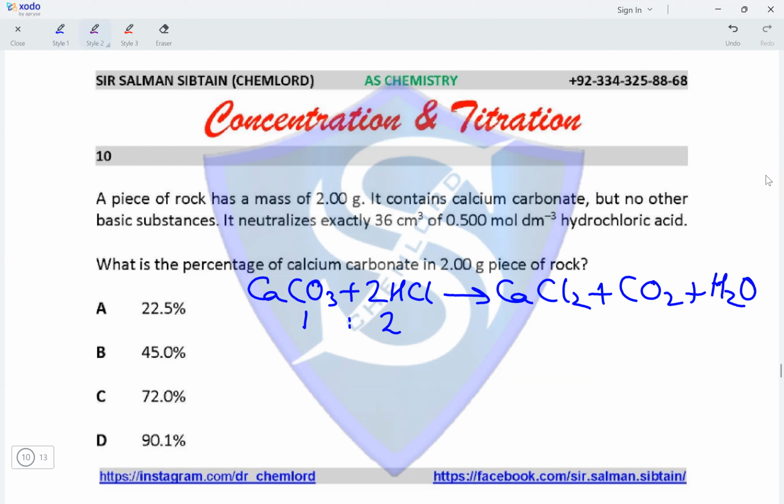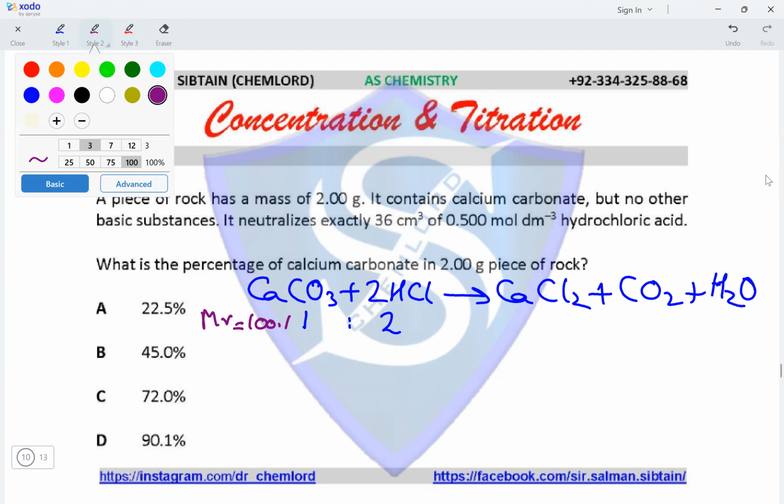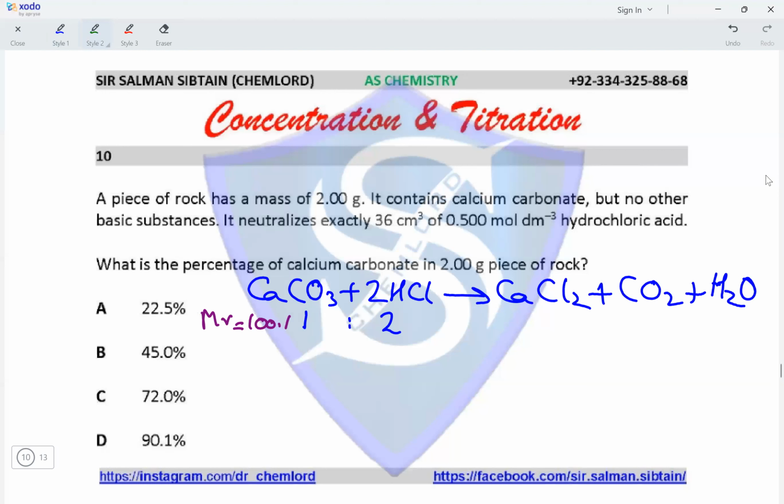The next step is calculating the Mr of CaCO3, which turns out to be 100.1. Now, the third step is to calculate the moles of HCl that reacts. So, the given concentration is 0.5 moles in 1000 cm cube.